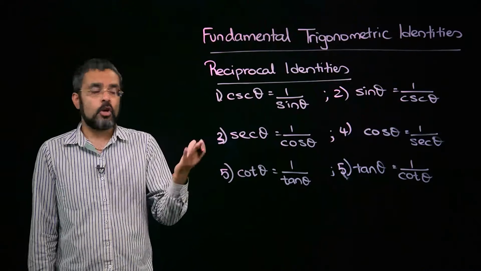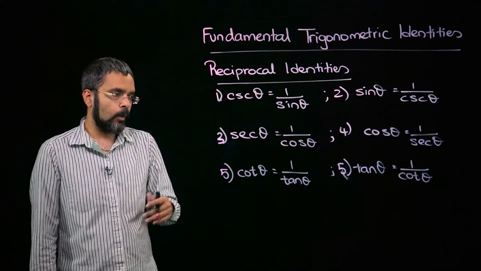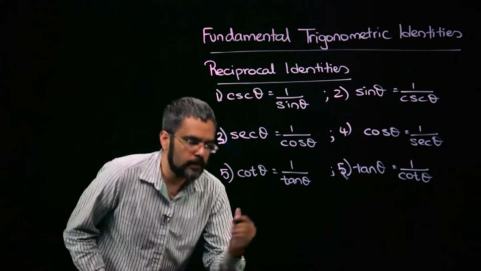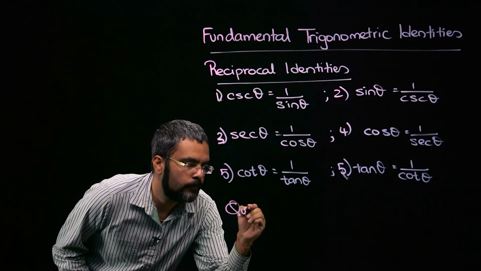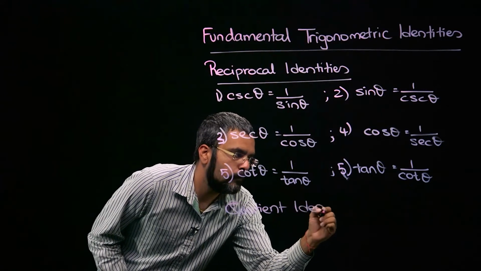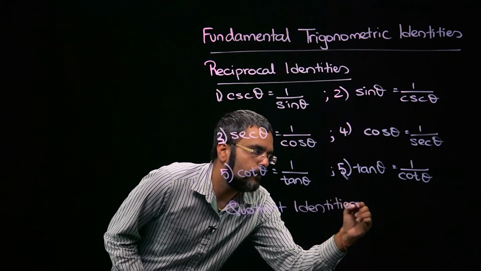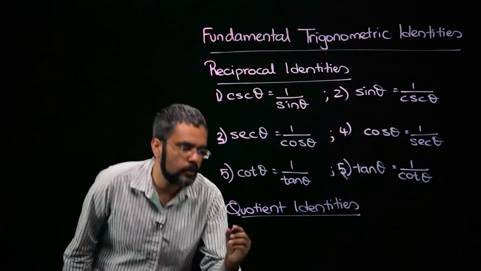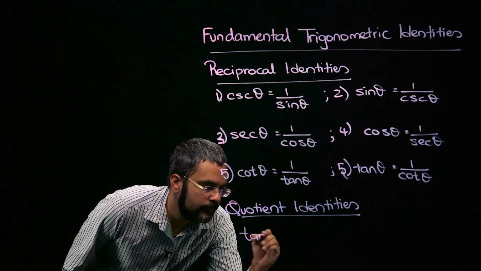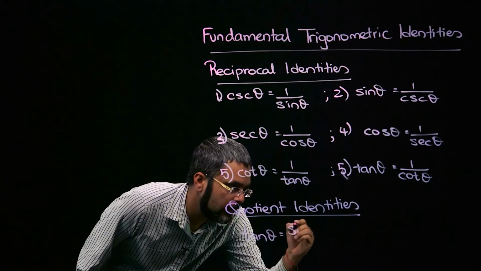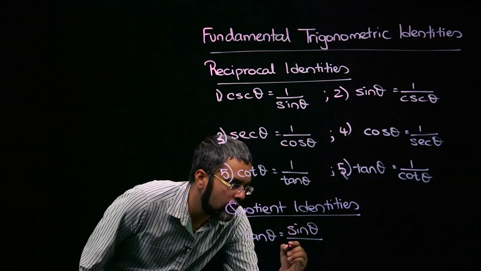And again, like I said, you should know these because we've done this quite a few times in class. Next, we have something called the quotient identities. And again, these are something that you should know because that's how we define these functions. tan theta equals sine theta over cosine theta.